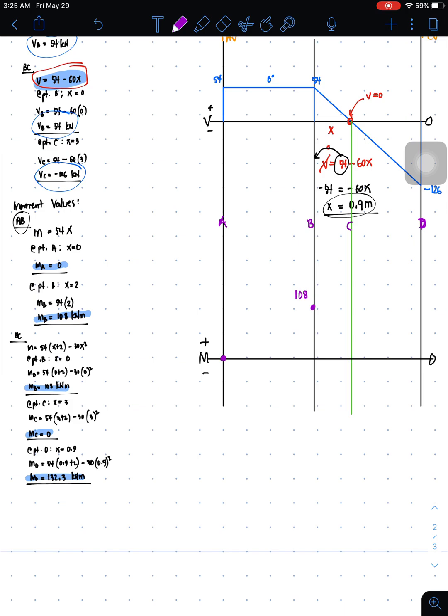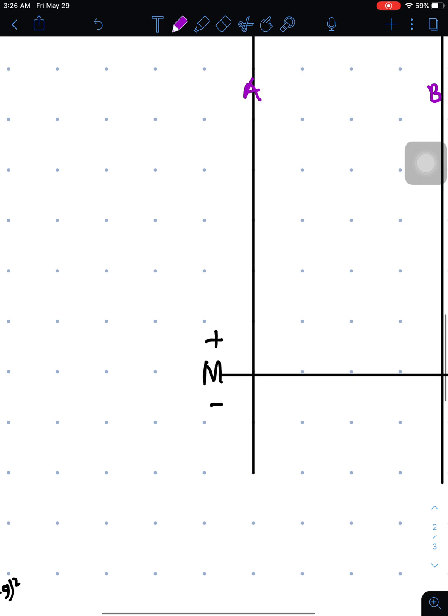Ay, nasave di ko sa letters. MC diha. This is point O and this is point C. Kana. Okay, so balik ta.